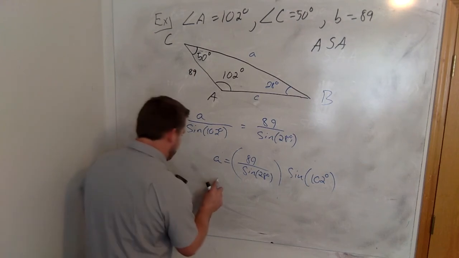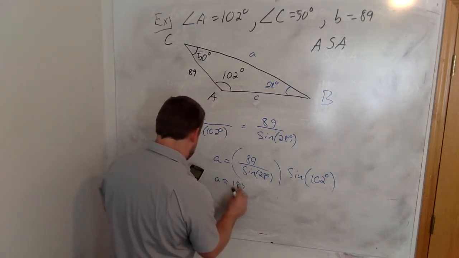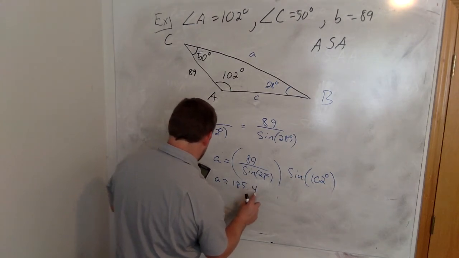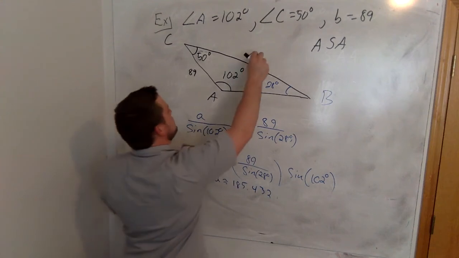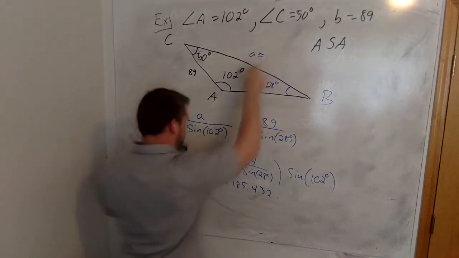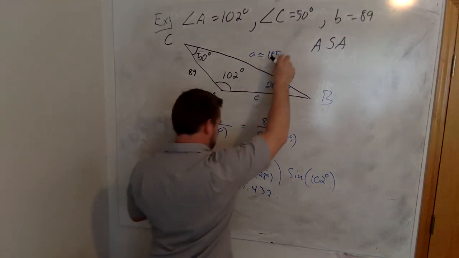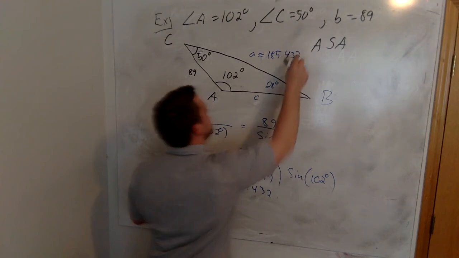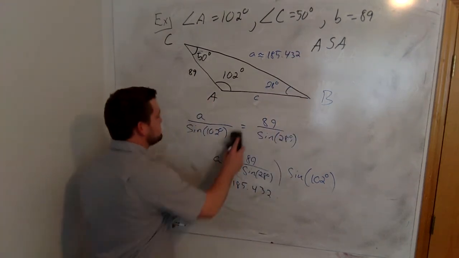So I'm getting that A is approximately equal to 185.432. So we have this length here is approximately equal to 185.432. Beautiful.